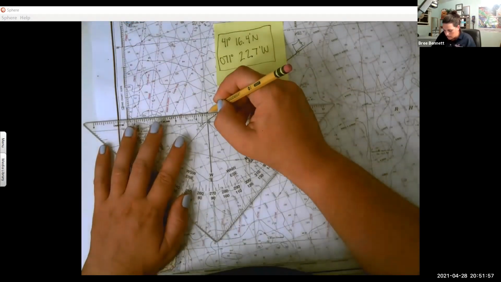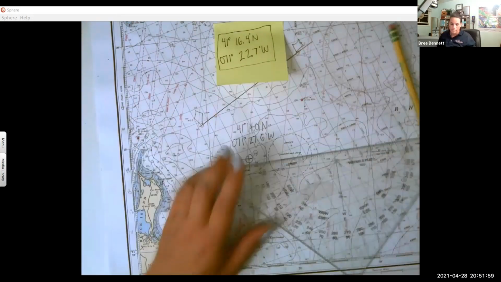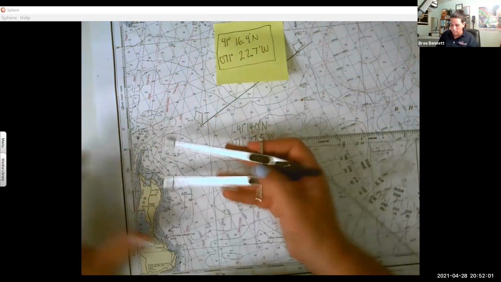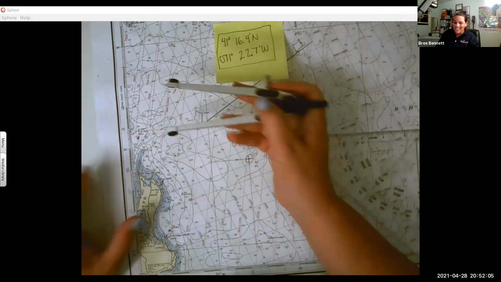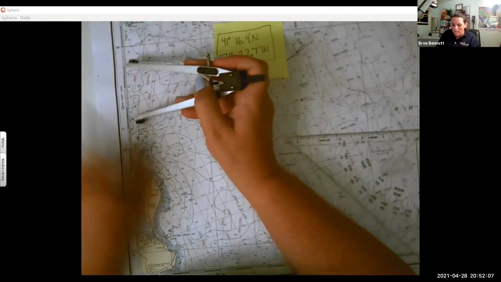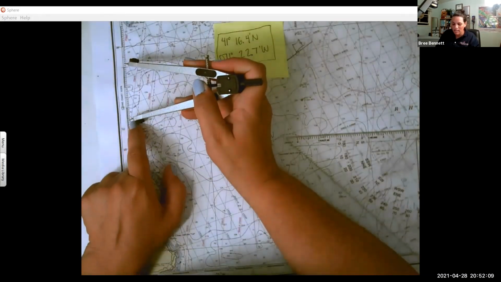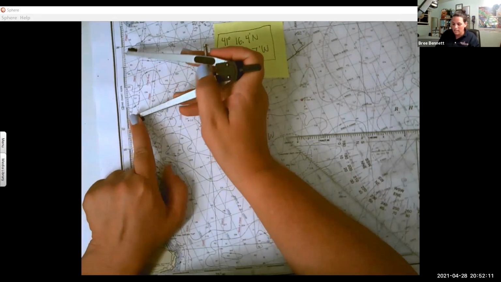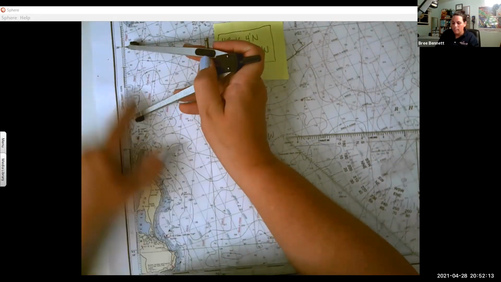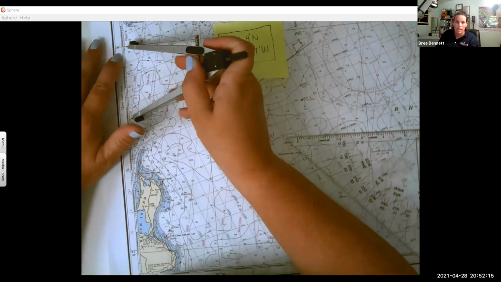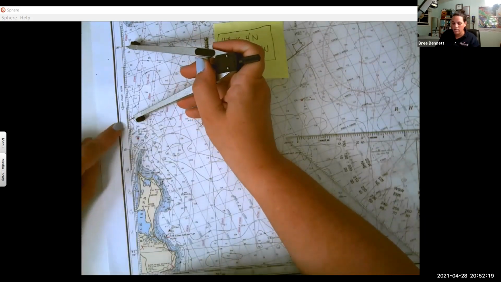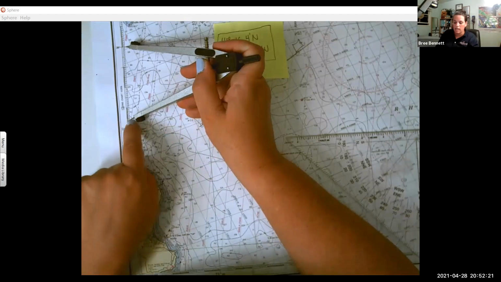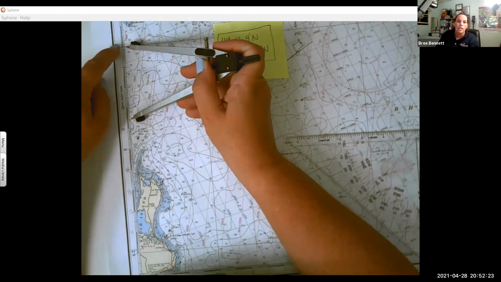So now, I'm getting distracted with myself. How I would have done this is measure my 16.4 using my dividers. I was trying to take a shortcut because I was so close to the end of the chart. So 16.4 is right on my chart, and then I go to the nearest bold line.